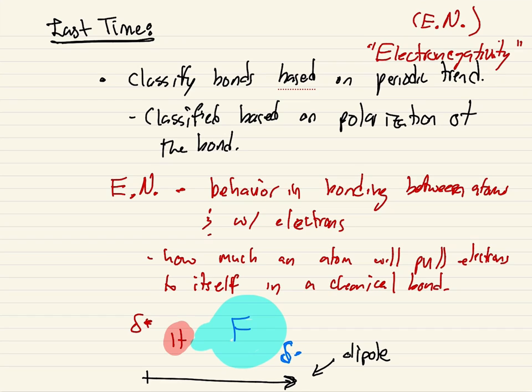All a dipole is, is just an imbalance of charge. So we classified these bonds based off of the electronegativity. Electronegativity difference gives rise to a dipole, and then we gave some actual values on how we would classify these bonds, right? If we have an electronegativity difference of 0, how did we classify that bond?